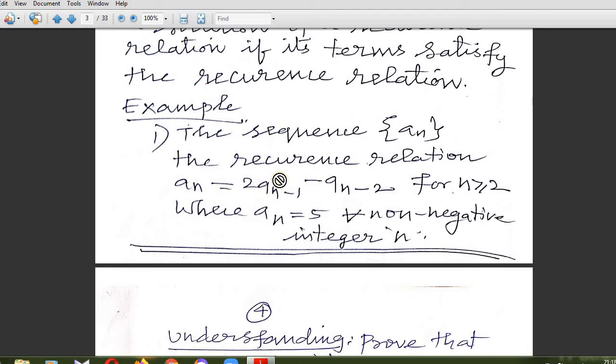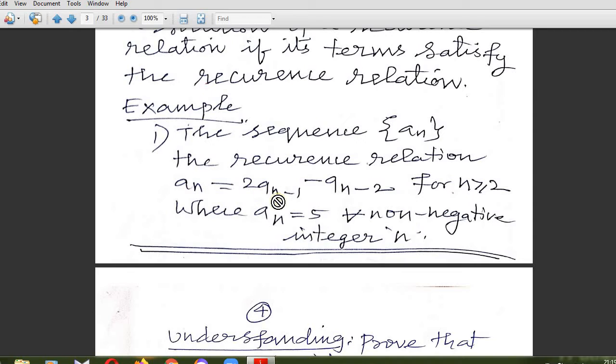Even though we have this definition, the solution says each element here will be a 5, 5, 5, 5, like that. If you put n greater than or equal to 2, suppose n is equal to 3, we'll have a3 minus 1, that is a2, minus an minus 2, and you will get 0 here.